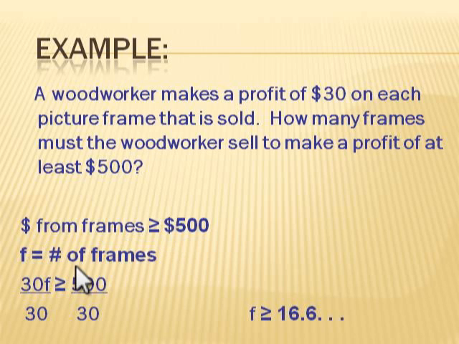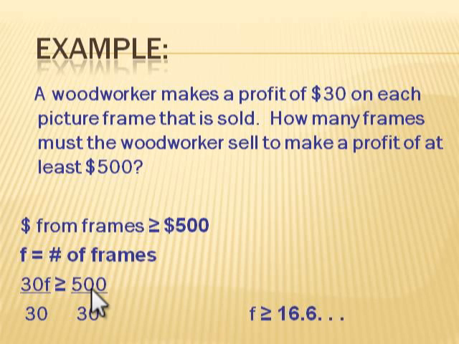F is going to represent the number of frames. So if it's $30 for each frame, we want that to be greater than or equal to 500.